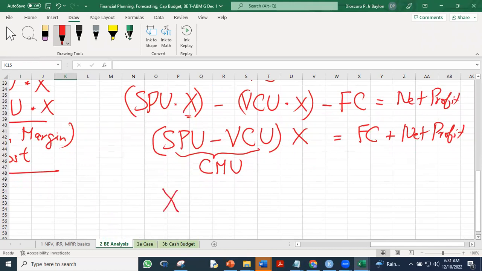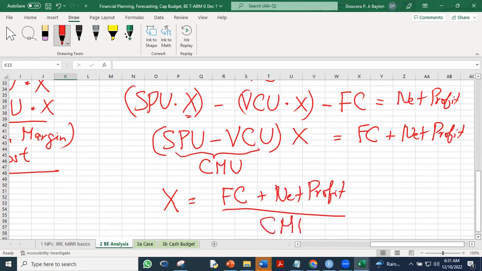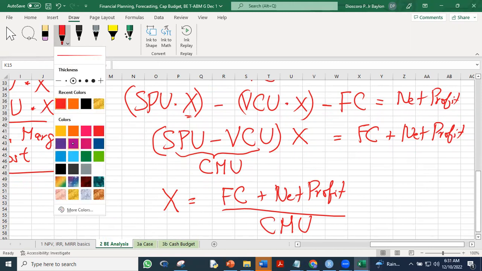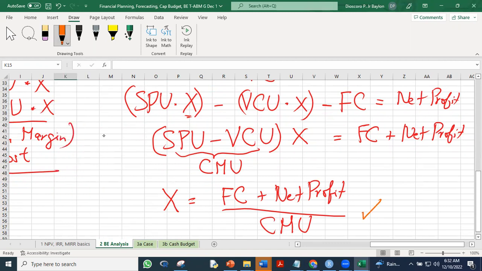Therefore, our X will be equal to your fixed cost plus your net profit divided by your contribution margin per unit. Okay, so this is the formula that we can use when we want to determine how many units to produce.